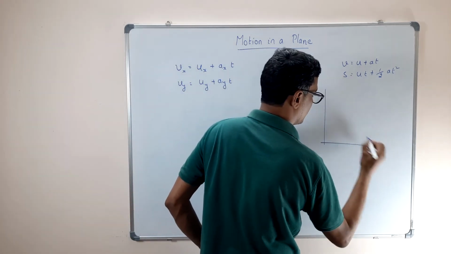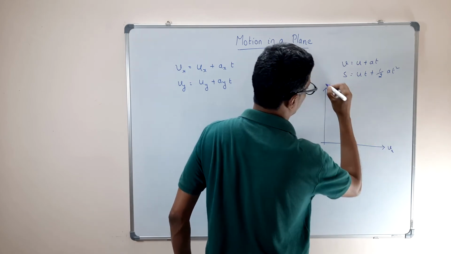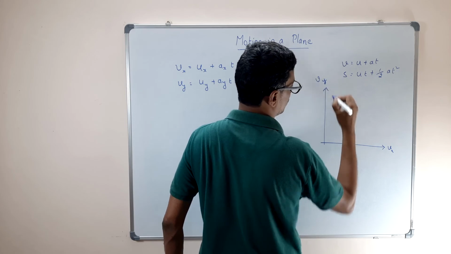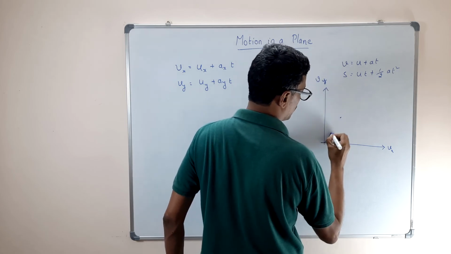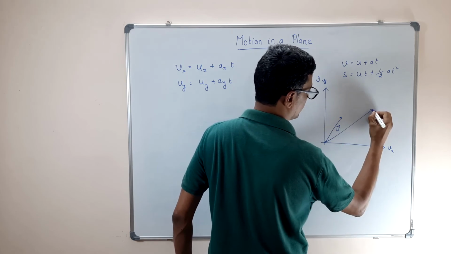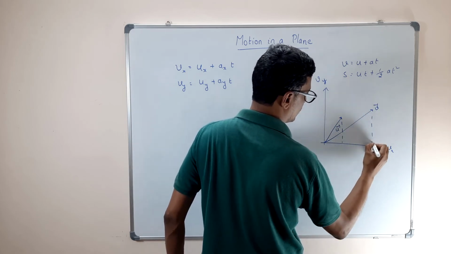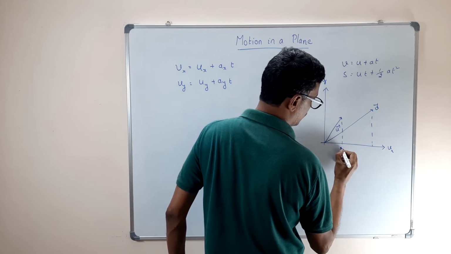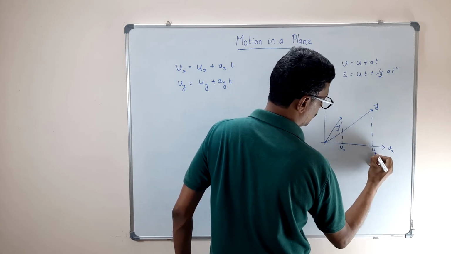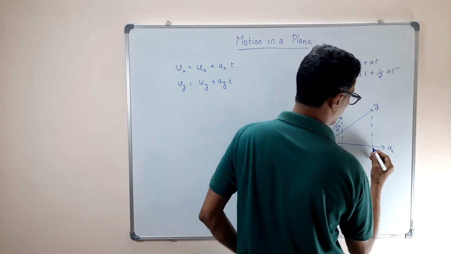This is the x component vector and this is the y component vector. You had a certain u vector and this is the v vector. Resolve this: ux, uy, vx.